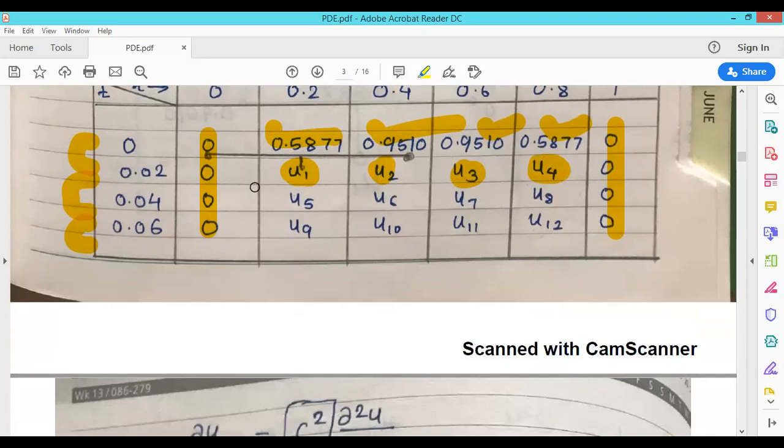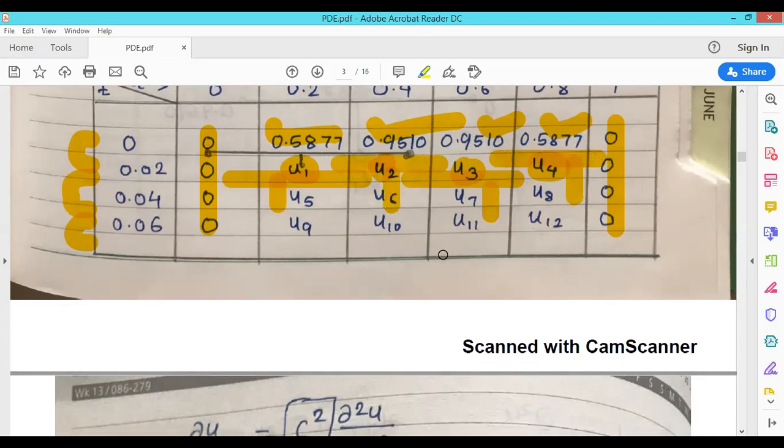Yes. So in that table, again I have to draw this line, and this is u5. Then this is u6, this is u7, and this is u8.